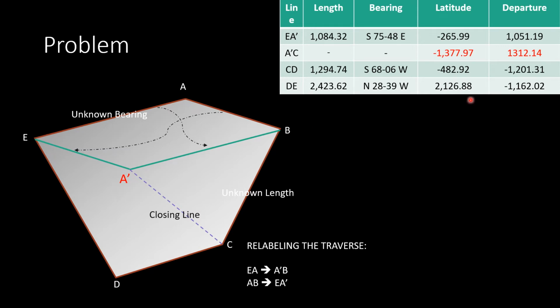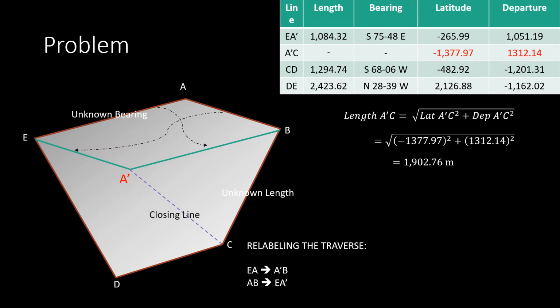We have here the table where the latitudes and the departures of the lines with known lengths and bearings are known. Then we have to calculate the latitude and departure of the closing line A prime C. These are the calculated values, and these values were determined by adding up all the departures and the latitudes to 0.